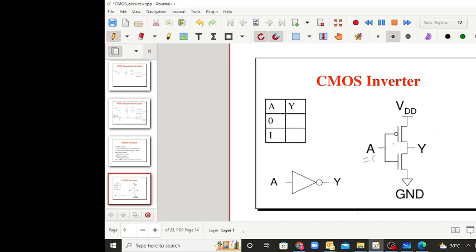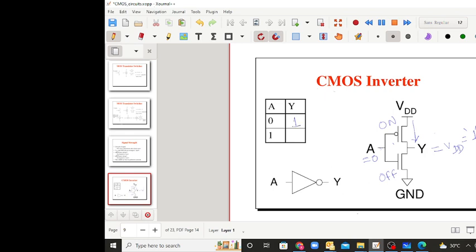If this transistor is on, that means it is conducting, so this voltage level will come to Y. Y will be equal to VDD, which is logic 1. So if you are giving 0 as the input, you will get 1 as the output.